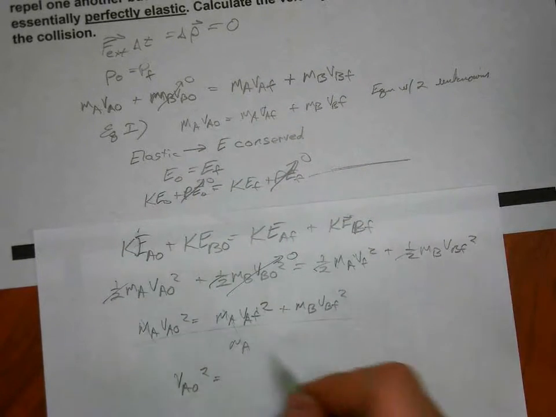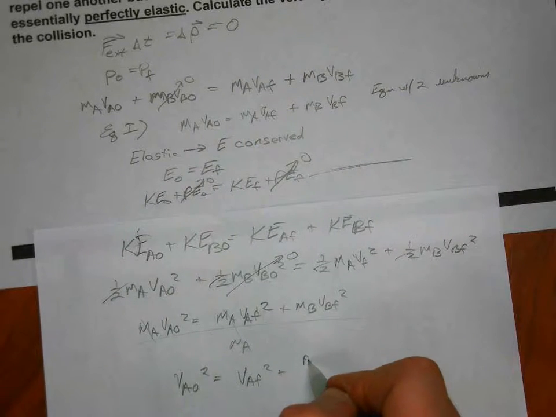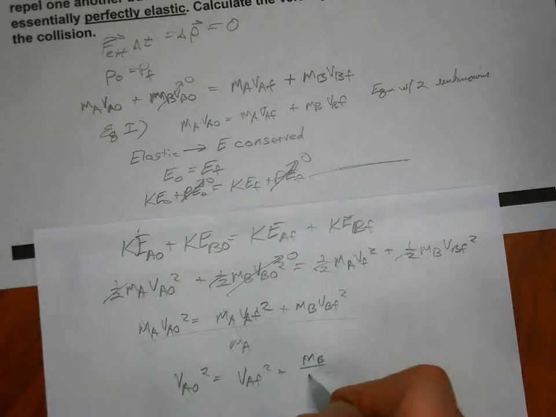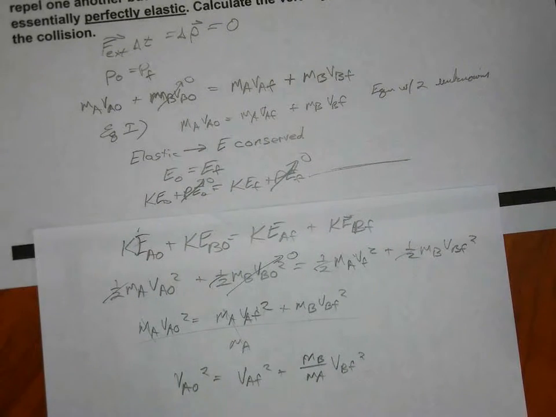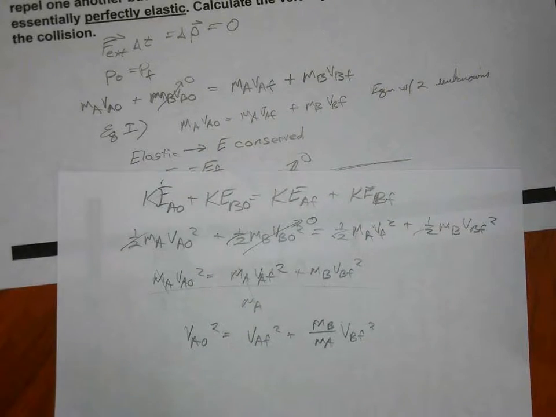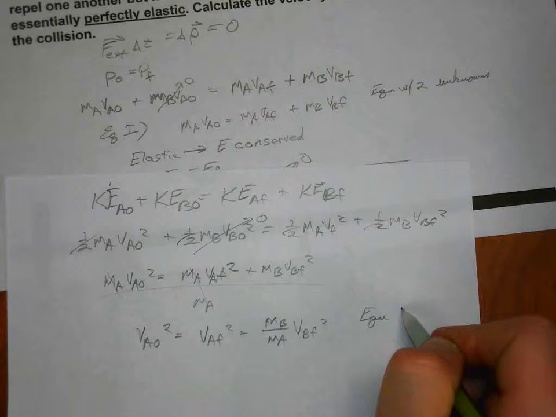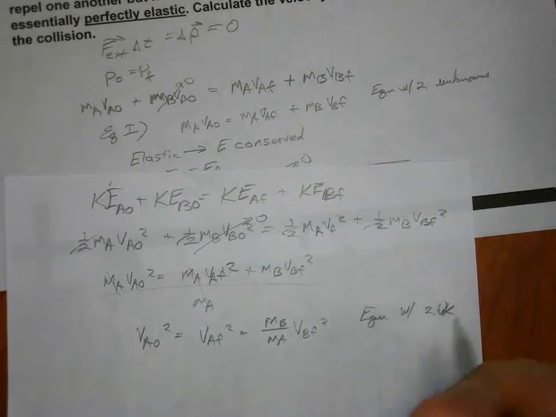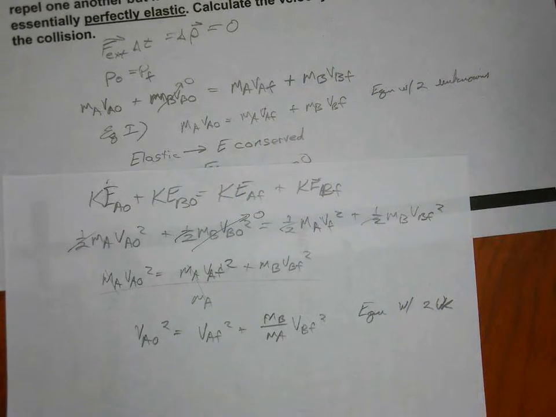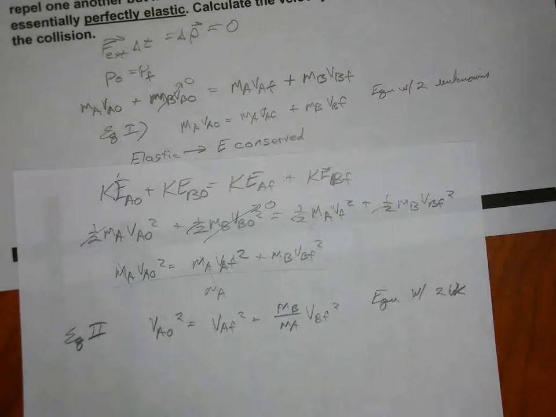It cancels out here too. VA final squared plus MB over MA VBF squared. All right, so I'm back to an equation with two unknowns. So I'll give that equation a number, and I'll call it equation 2.